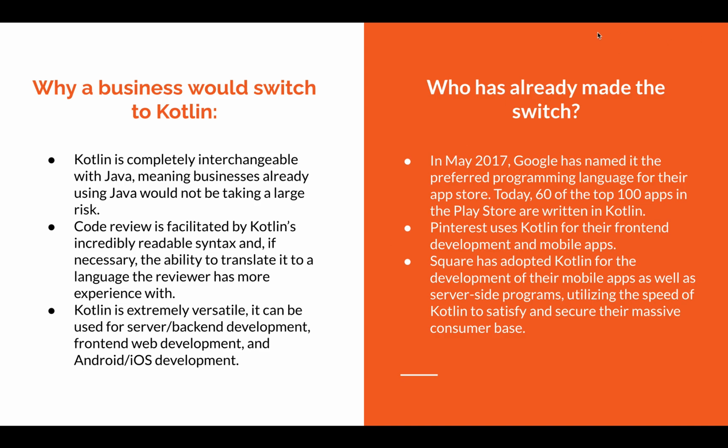So let's take a look at some of the businesses that are already adopting Kotlin as their prime programming language. In May of 2017, Google named Kotlin its preferred programming language for Android. Now, if we're looking at it today, 60 of the top 100 apps in the Google Play Store are written in Kotlin.